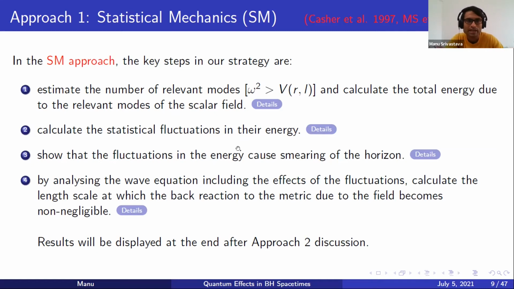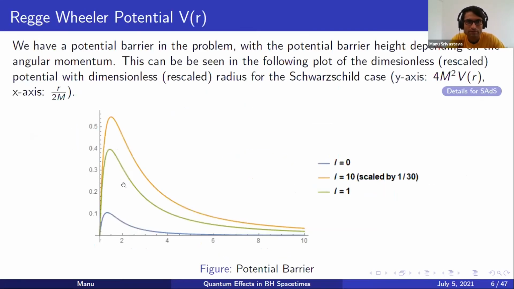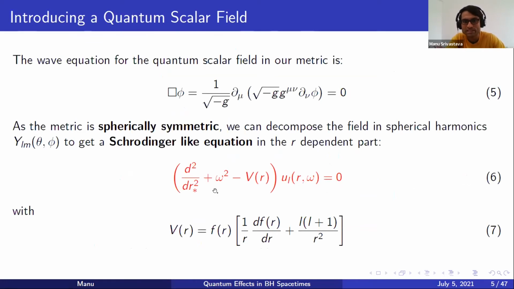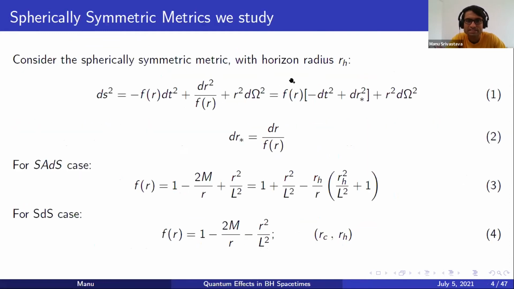Now, coming back to the calculation of the width, once we have these statistical fluctuations, we analyze two wave equations. As I showed, one of the wave equations is equation 6. There we considered a metric given by equation 1, where f of r is just 1 minus 2m by r plus r squared by l squared.